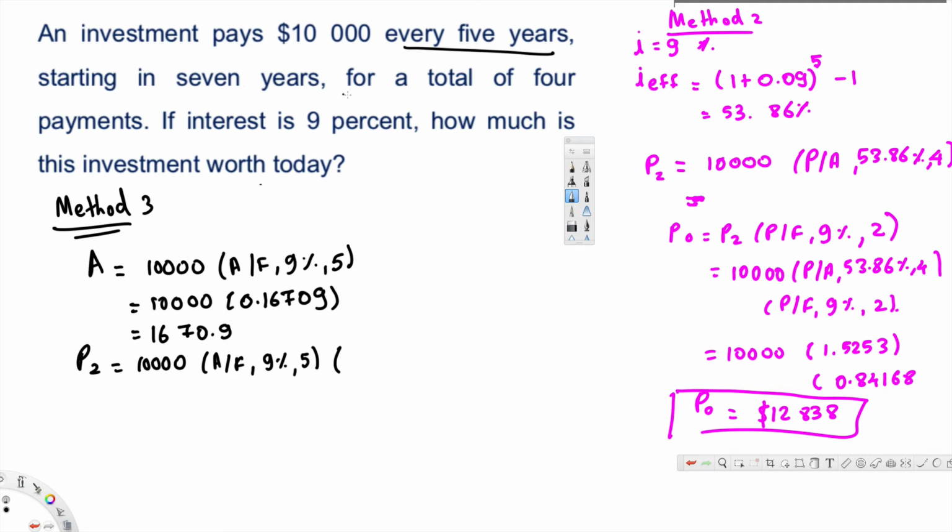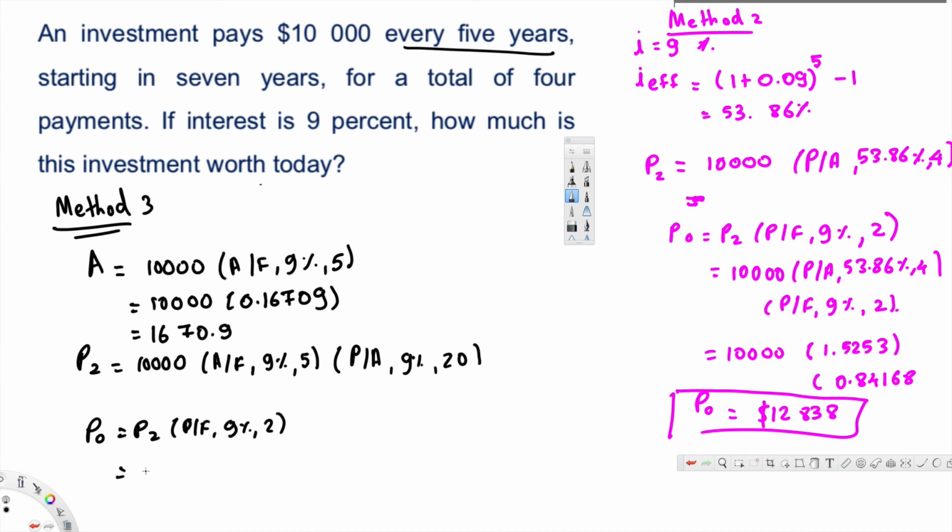Every 5 years starting at 7 years: 7, 12, 17, 22, and here 4 payments of 5, 10, 15, 20, so a total of 20 years. So this is going to be P over A at 9% for 20 years. This is P2, and P0 is basically P2 times P over F at 9% for 2 years.